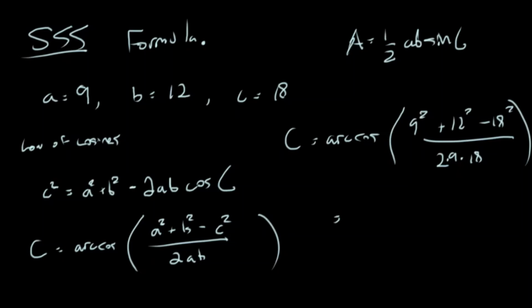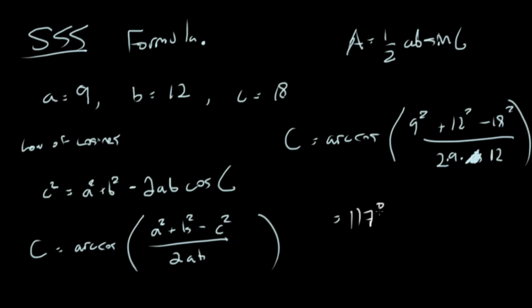Wait, that should be a 12. I realized that as I was using the calculator. And that ends up being 117 degrees. I'm going to plug in exactly what's in my calculator. This is just the rounded degree.